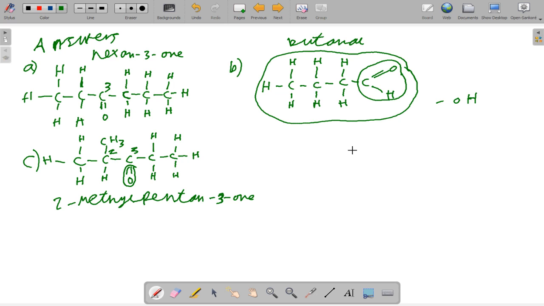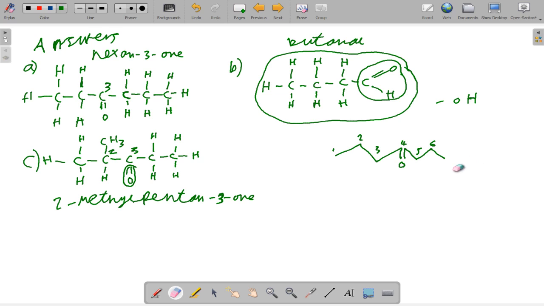For skeletal formulas for hexan-3-one, you'd go 1, 2, 3, and then you go double bond O, 4, 5, 6. So go 1, 2, 3, 4, 5, 6.